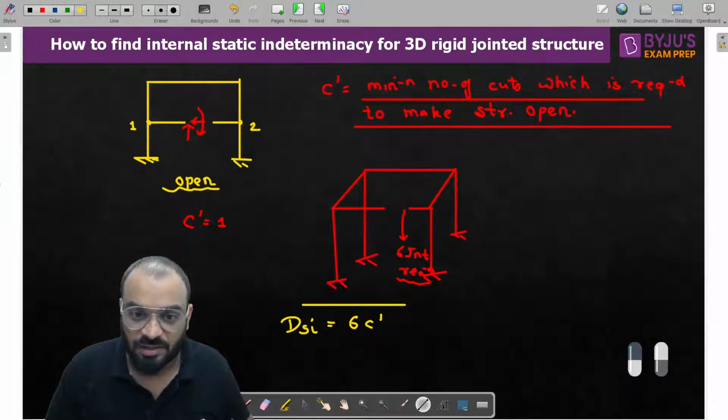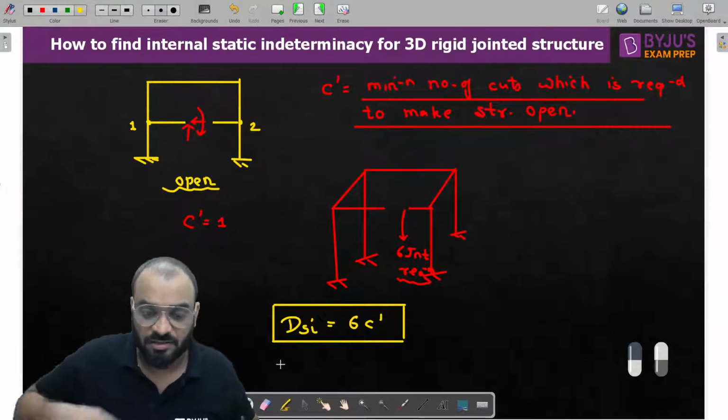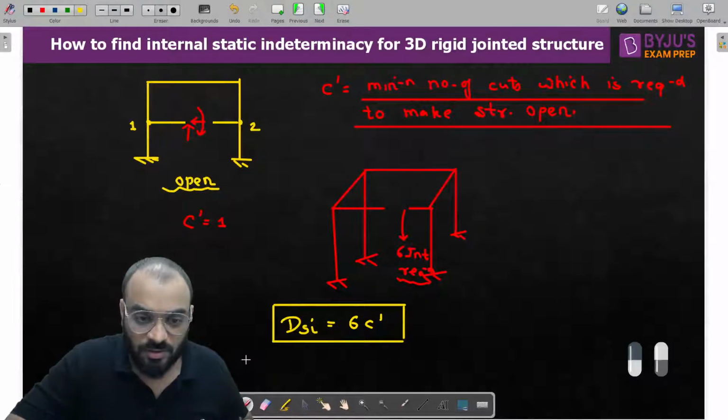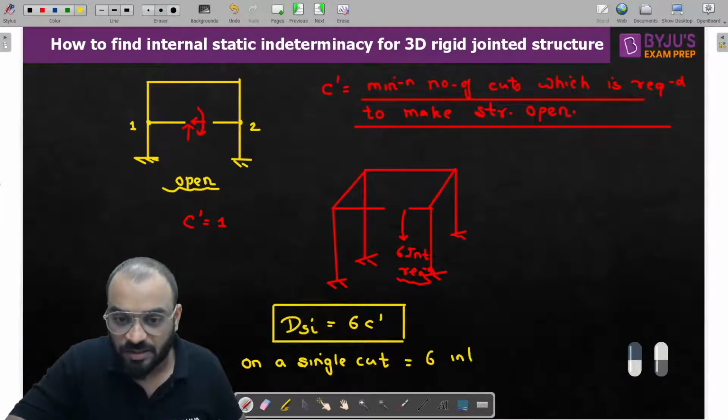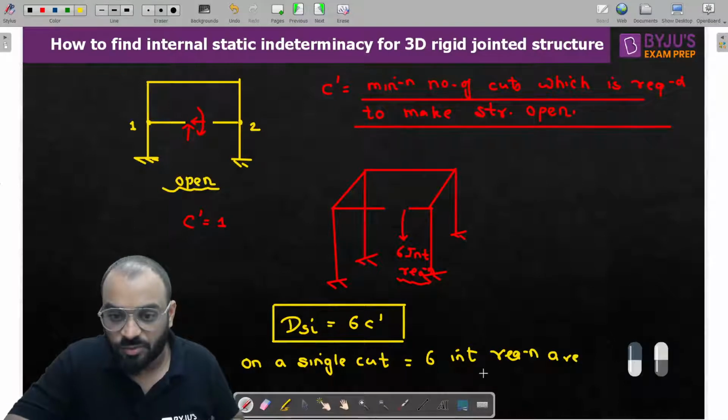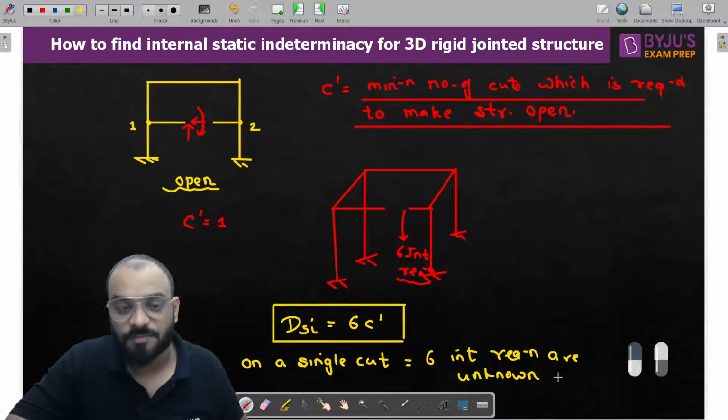How we have written it, I will explain. So at every cut, let me write it down. On a single cut, 6 internal reactions are unknown, right?